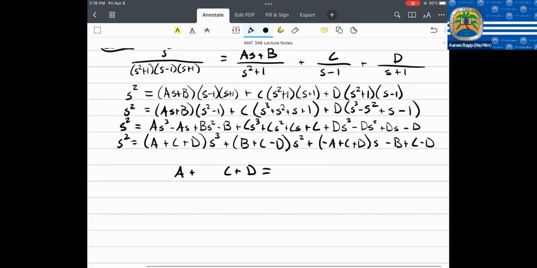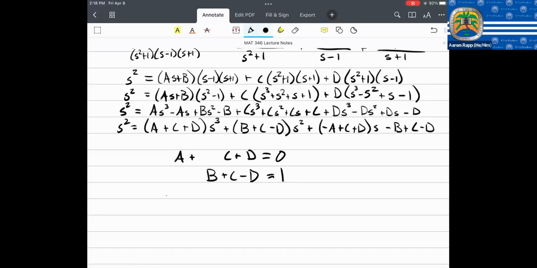So I know a plus c plus d has got to be equal to 0. What about b plus c minus d? What does that got to be equal to? 1. What about minus a plus c plus d? And then that minus b plus c minus d.